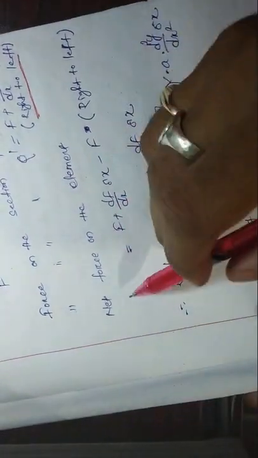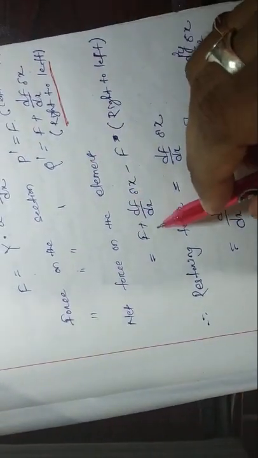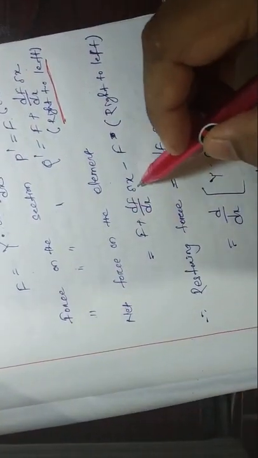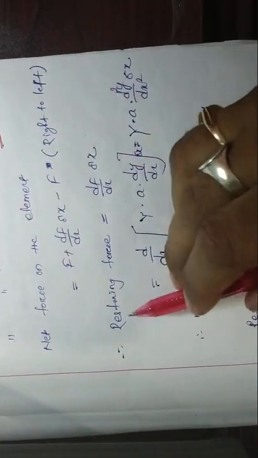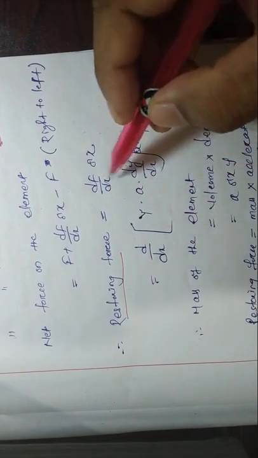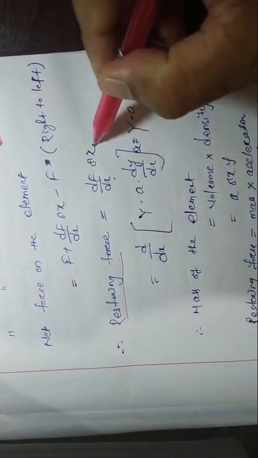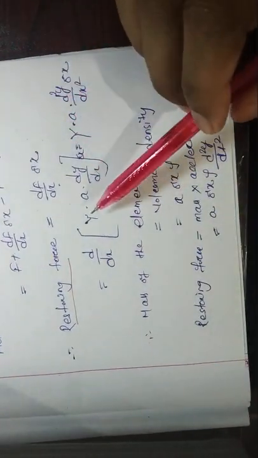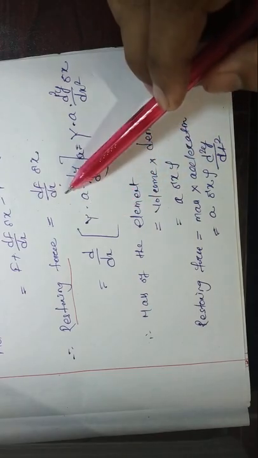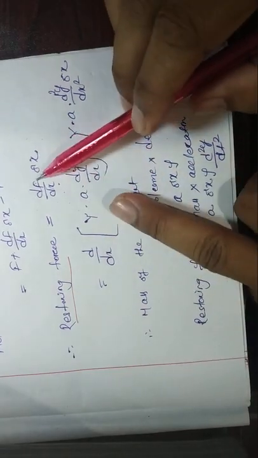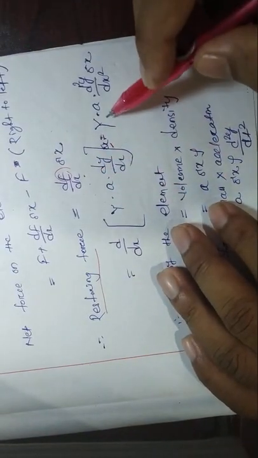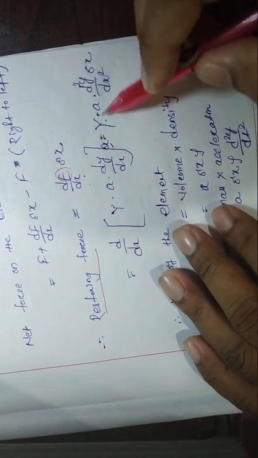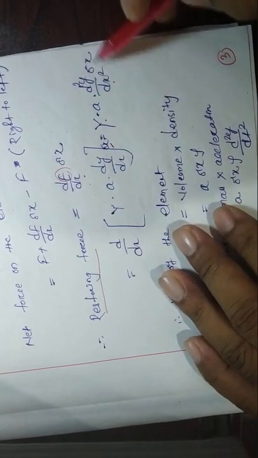Now the net force on the element is F plus del F by del x delta x minus F, which will also be right to left. The so called restoring force is del F by del x into delta x. So d by dx of the F we got initially gives Y A d square y by dx square delta x.